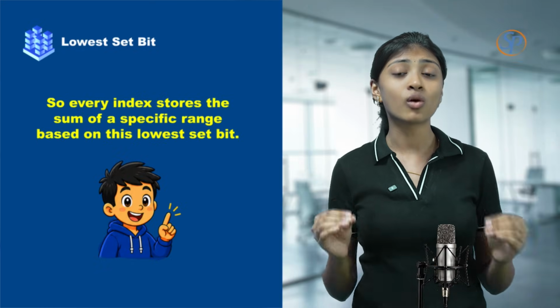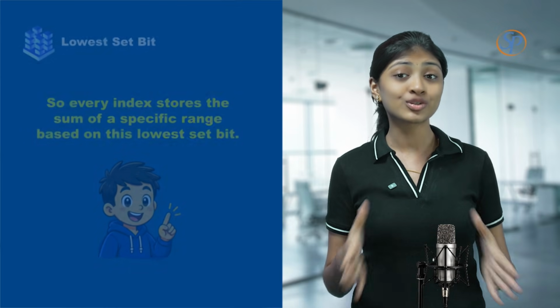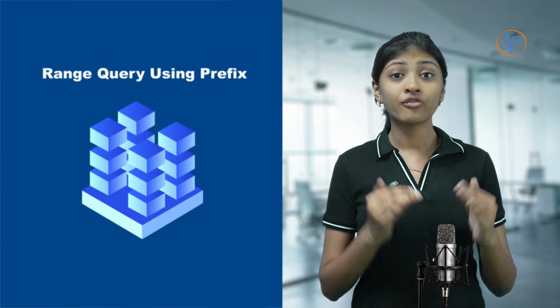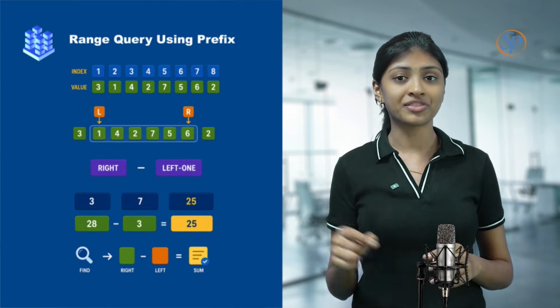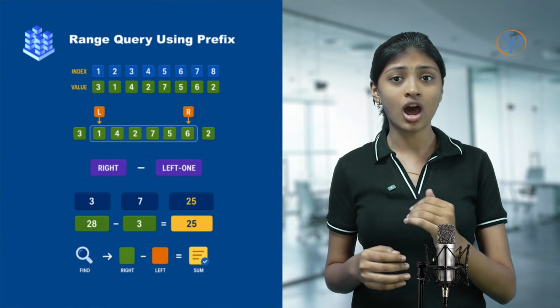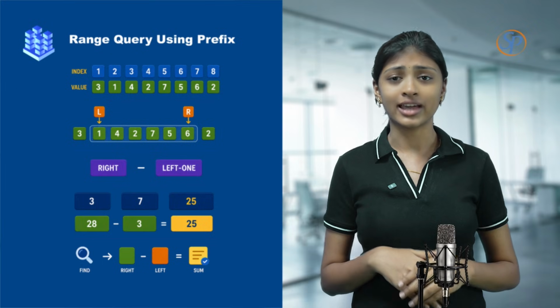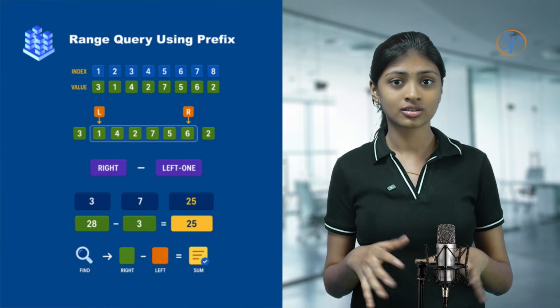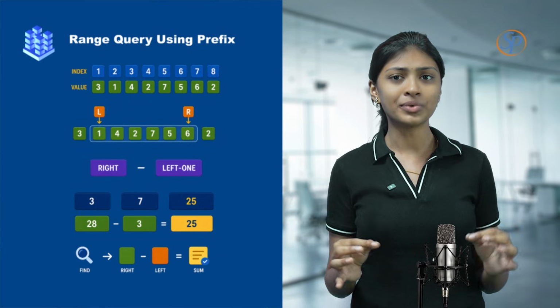Now let's see how queries happen. Range query using prefix. Fenwick tree naturally supports prefix sums. So if you want sum from L to R, you don't calculate it directly. You use this. This is simple but powerful.